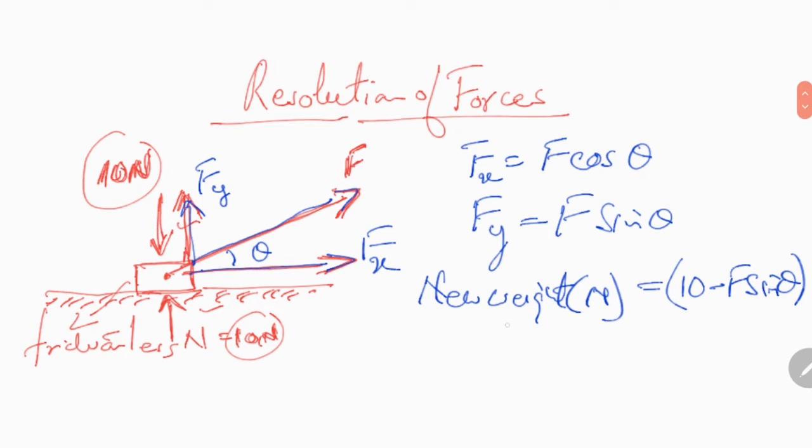And what will be the force along the x? It will be equal to F cos theta. So please understand this basic concept. This is very important because we will be using this concept for deriving our parallelogram law of force resolutions. Let us take another example of resolution of forces.